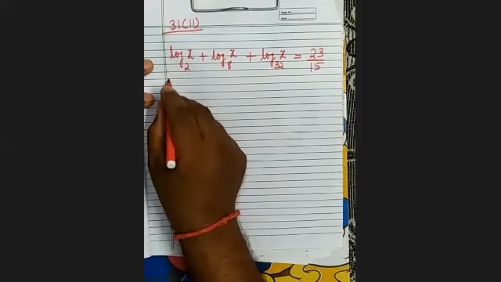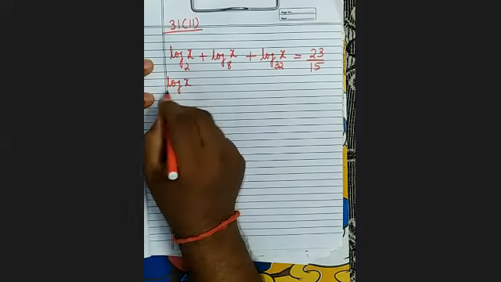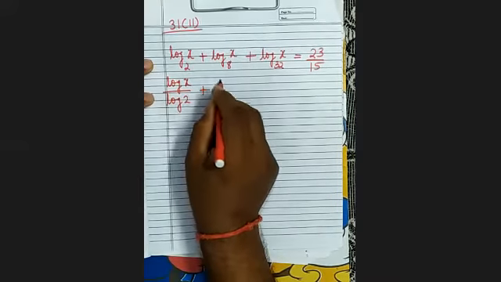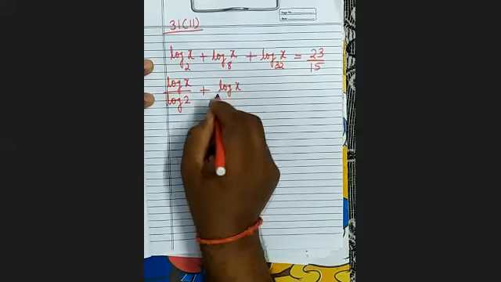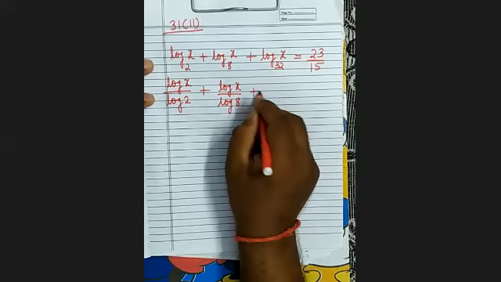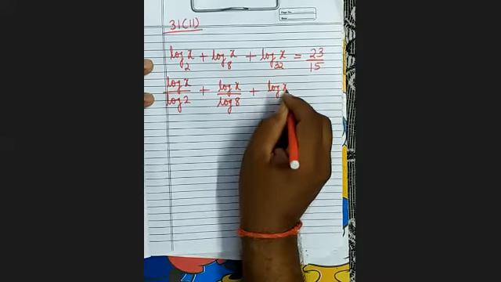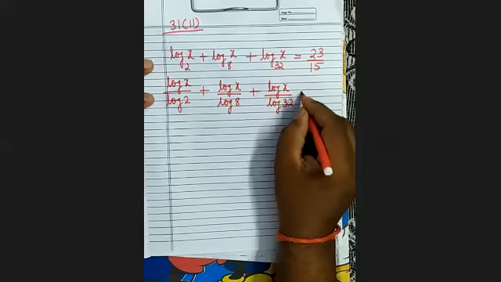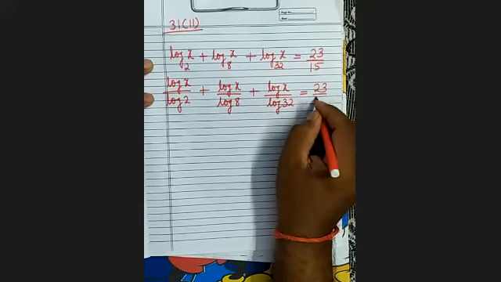So this you can write as log x upon log 2, plus log x upon log 8, plus log x upon log 32, equal to 23 upon 15.